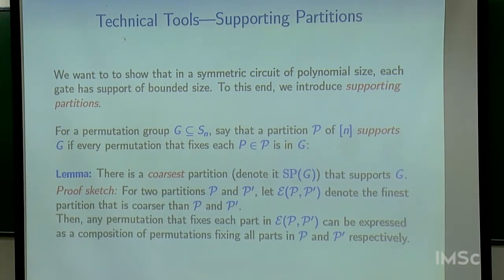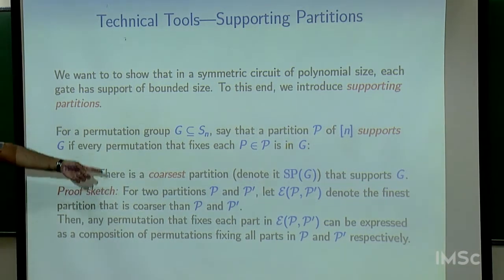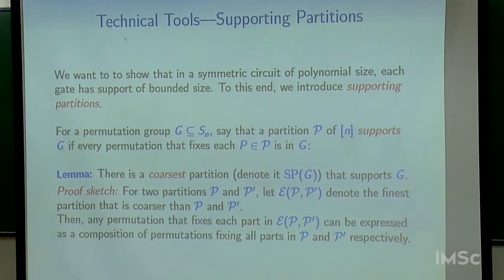Each one fixes one or the other. And since all of those are in G, the composition is in G, and therefore you have this. That, hand wavy, that's all there is to it. There's a coarsest partition that supports G.